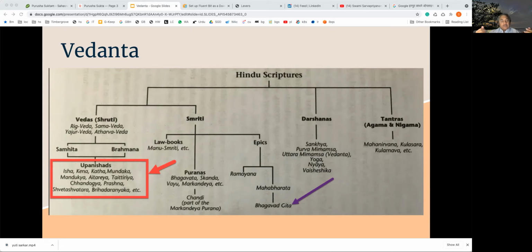Or if you take the verses that make up a poem, they are called pada. If you take the end of a verse, it will be called padanta. So this concatenation is used to build up this word. So Vedanta is the end of the Vedas, and you can see why it is called that.